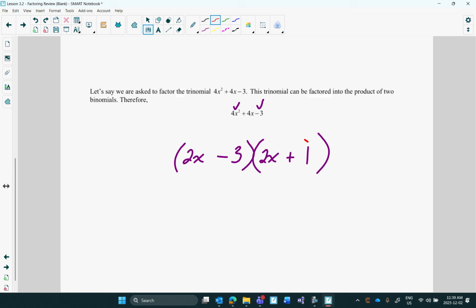Let's rainbow it to see if we got the middle term if we multiply back through. 2x on the outside, minus 6x on the inside. Yes or no? Right. Got the right number, we got 4x, but we got negative 4x. So that means I gotta switch the signs. Exactly.